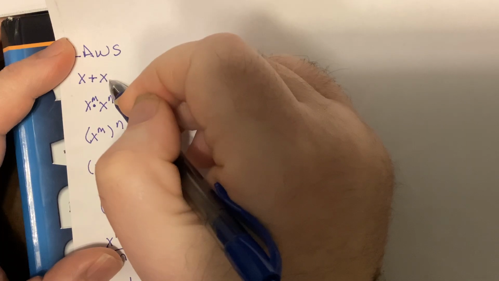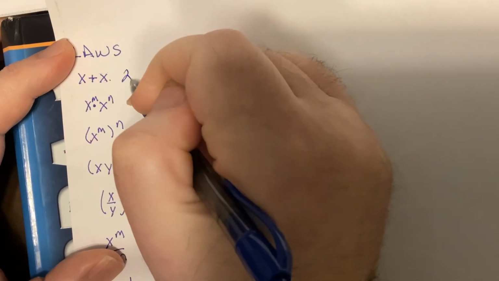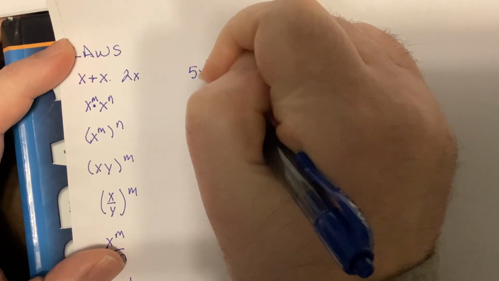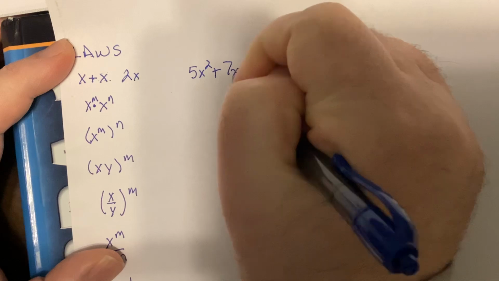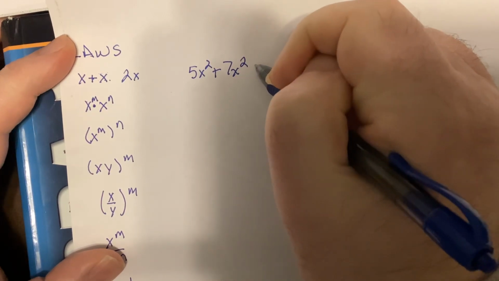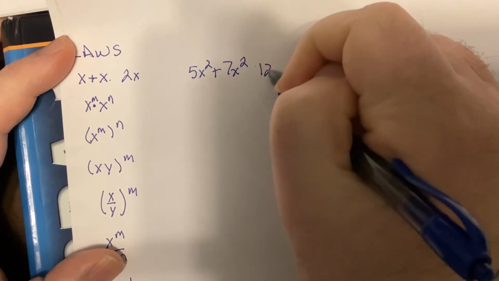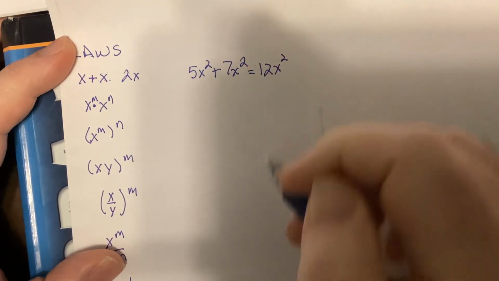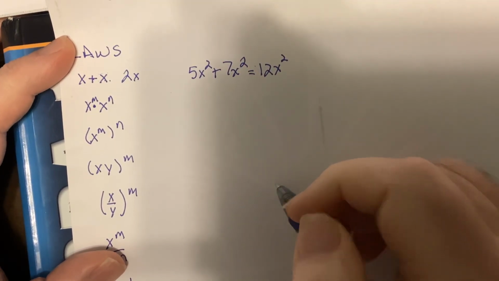So, when you add two things that have the same base, same power, you just add the numbers out front. So if I said 5x squared plus 7x squared, hopefully you know it's 12x squared. Notice the power did not change because we're adding. Power has to do with multiplication.